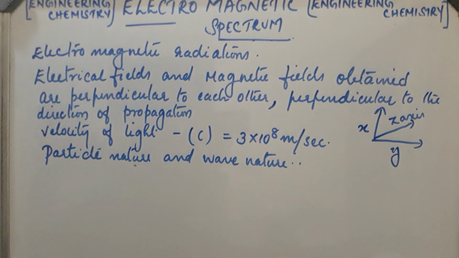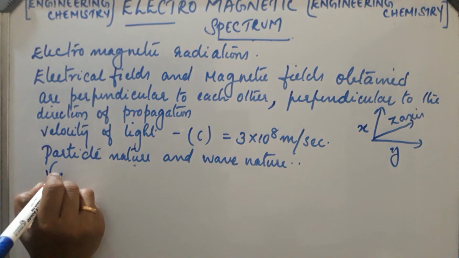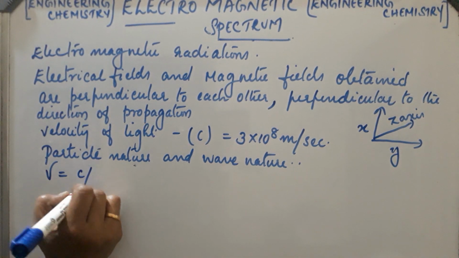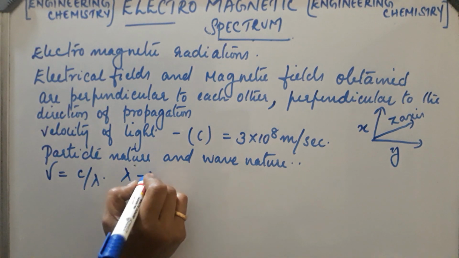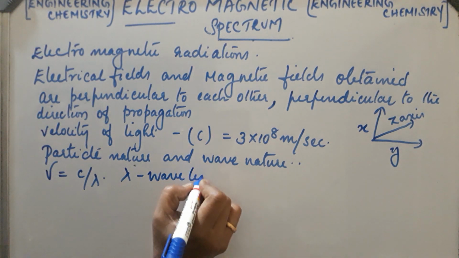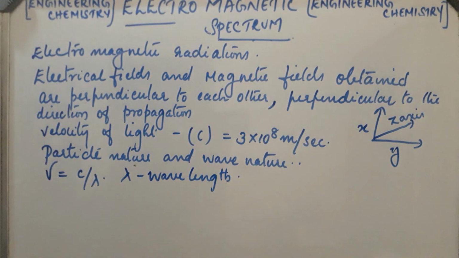With respect to wave nature, the electromagnetic radiation has a frequency nu, which is equal to c by lambda, where lambda is the wavelength. Wavelength is the distance between two consecutive waves. And what about frequency? It is the number of waves passing a given point in 1 second, which is called frequency. So, frequency is equal to c by lambda.